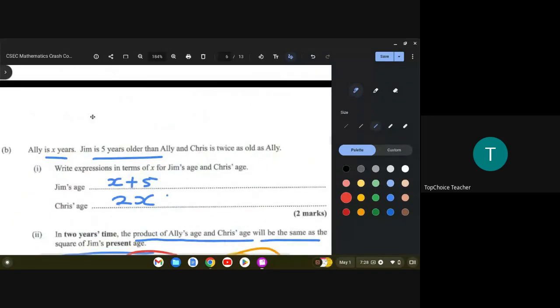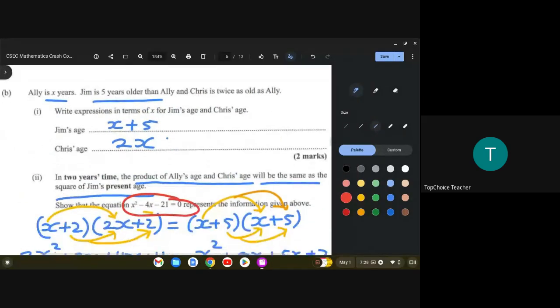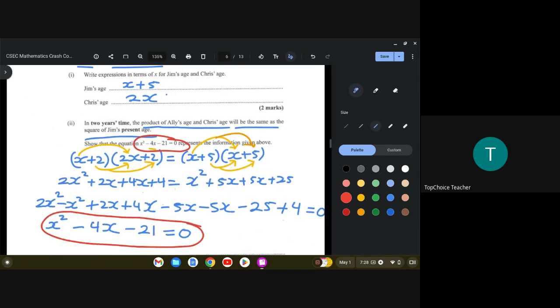Meaning that if her age is presently x, in 2 years her age will be x, add 2 more years. Is that making sense? If her age is currently x, in 2 more years it will be x, add 2. And the same way, if Chris's age is 2x, it will be 2x plus 2 again, because you're just adding 2 years to their current age.